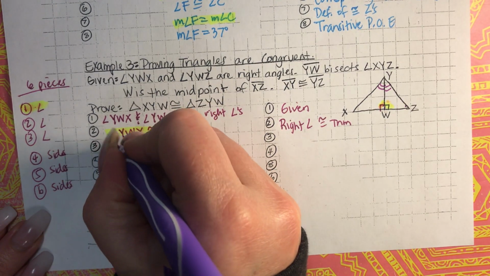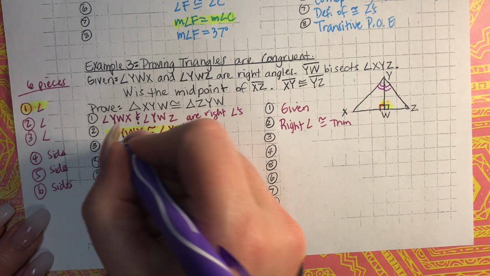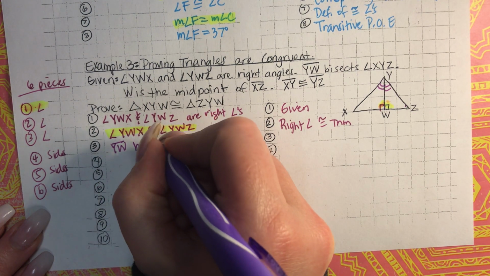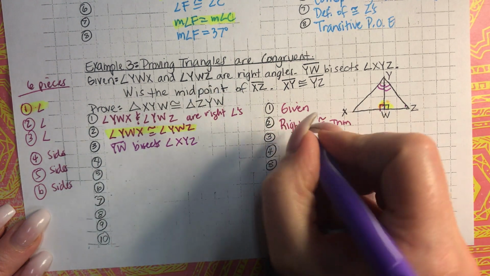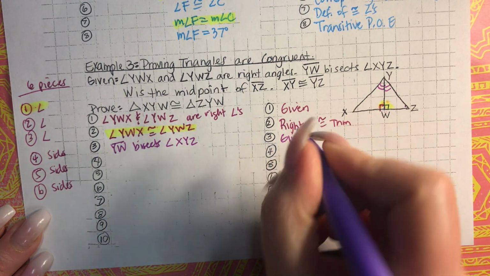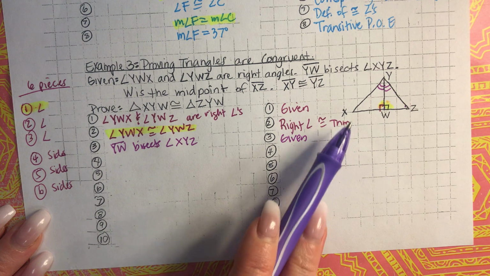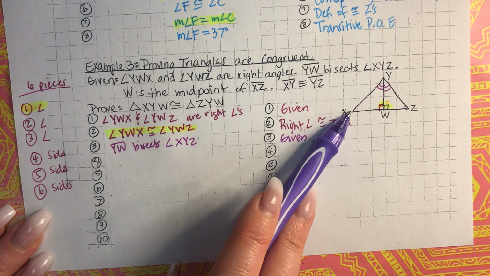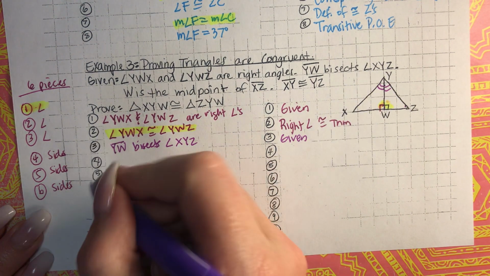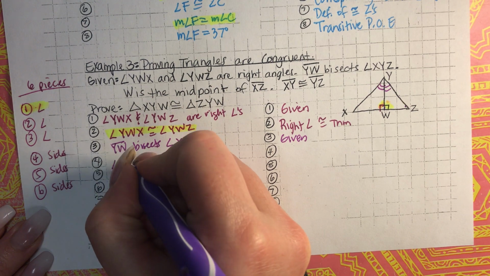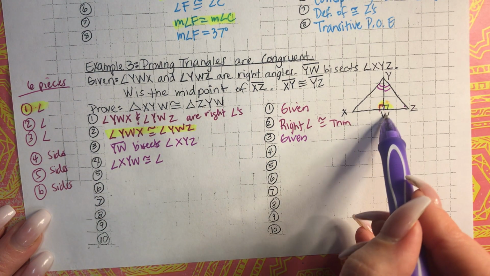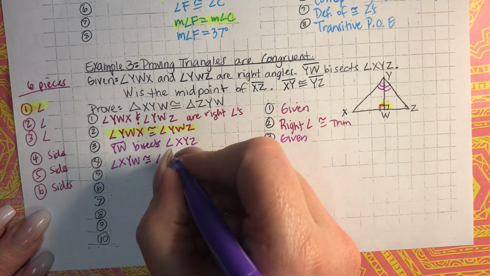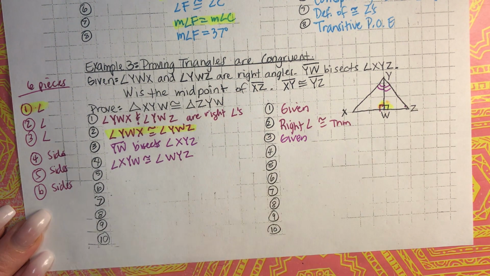So segment YW bisects angle XYZ, that is given. And we can state that angle XYW is congruent to angle WYZ. Why?